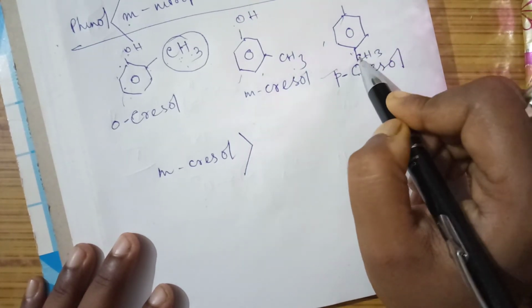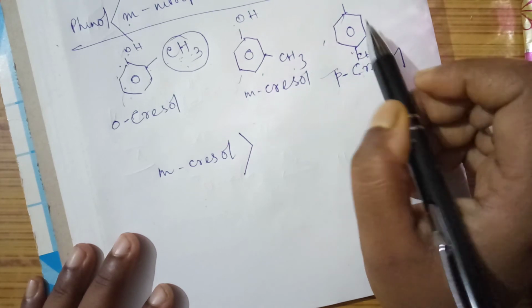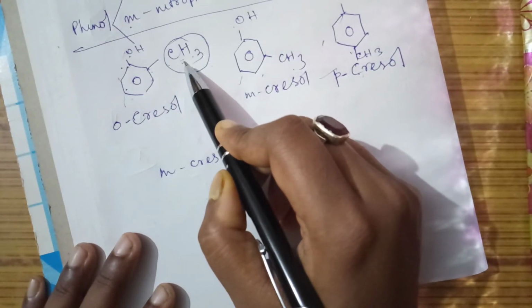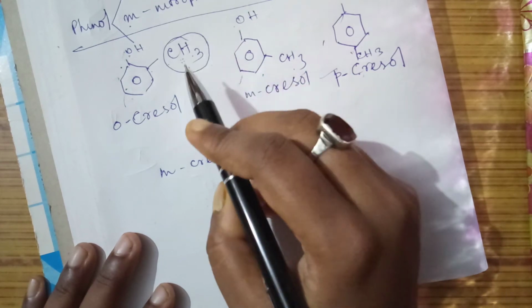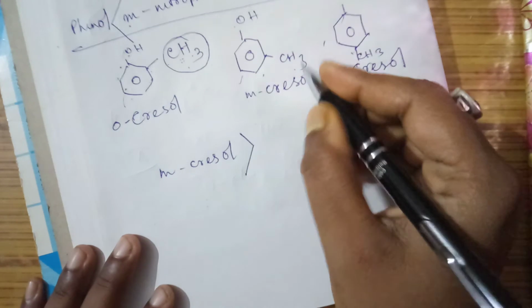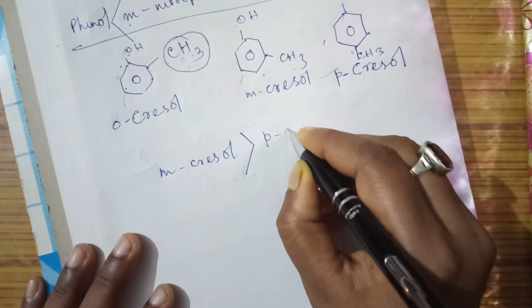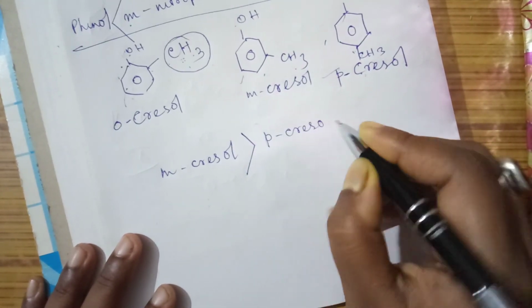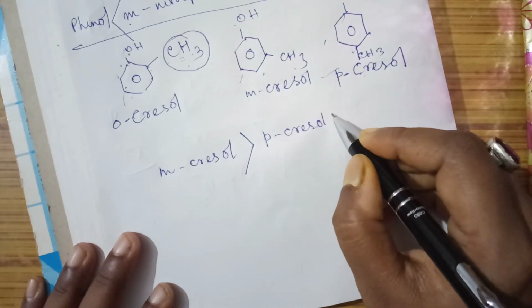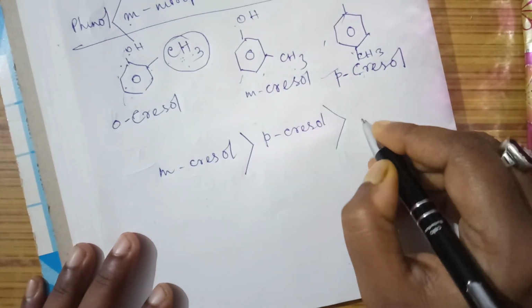The higher the distance, the lesser the plus I effect. So paracresol will be more acidic. Lesser the plus I effect, higher the acidity. So paracresol is more acidic than orthocresol.